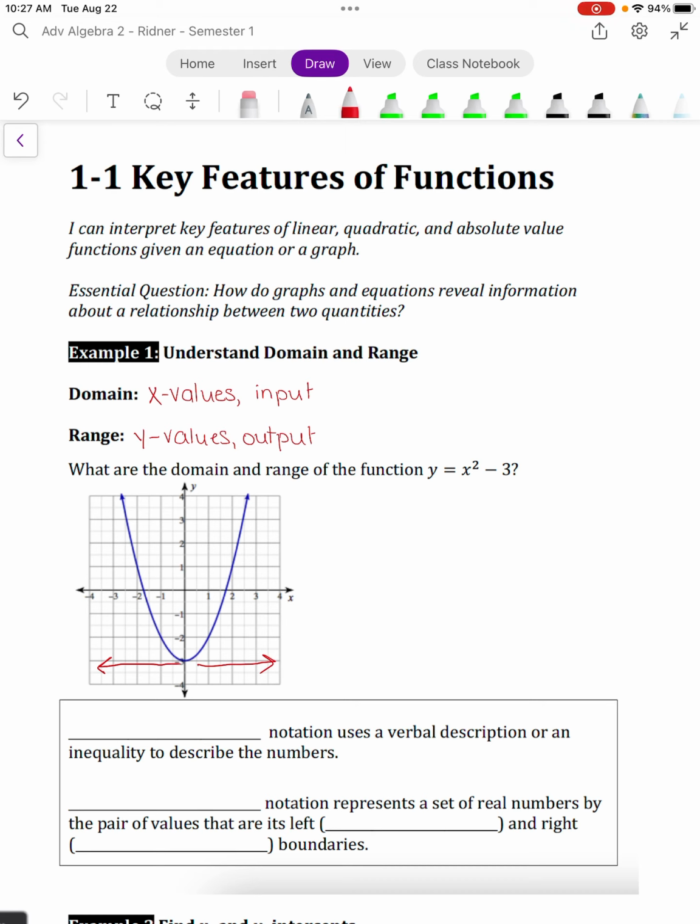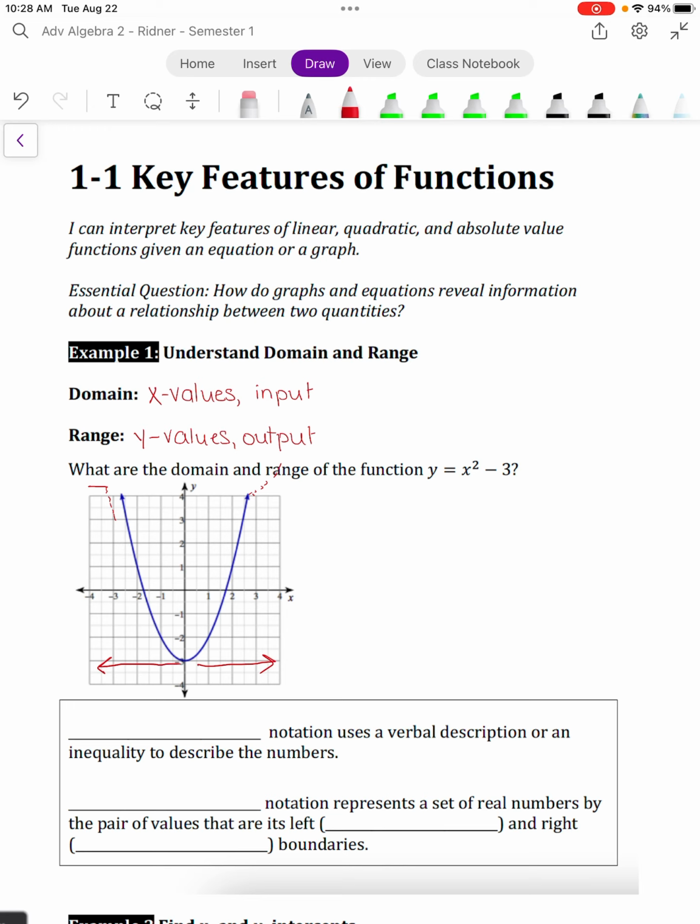So if we think about this graph going up, it is getting wider and wider to the left, and then it is getting wider and wider to the right. Slowly but surely, it's going to eventually get super wide. It's never going to quit getting wider and wider.